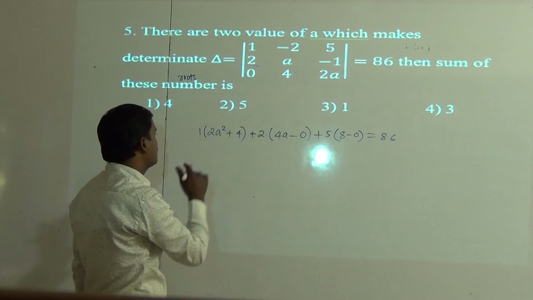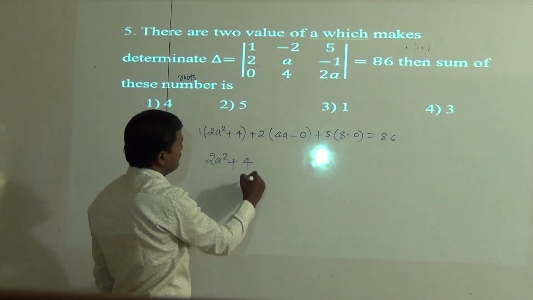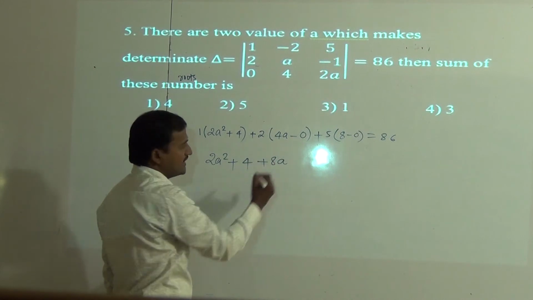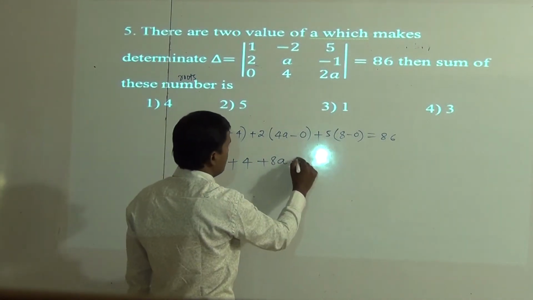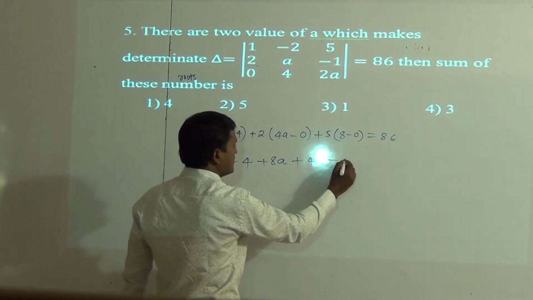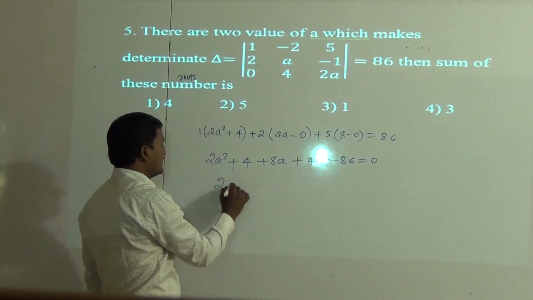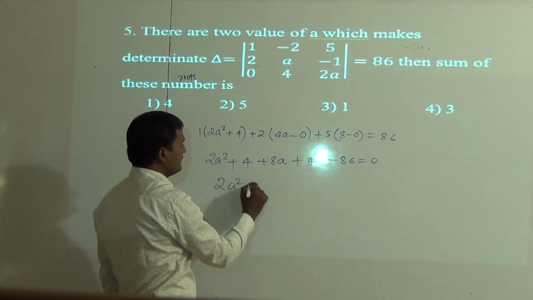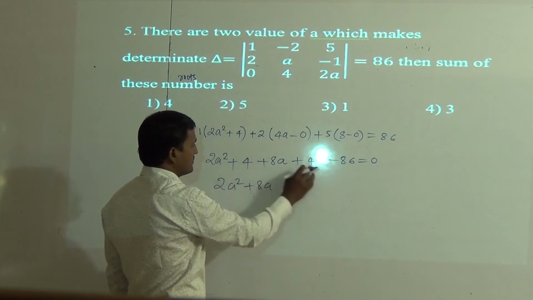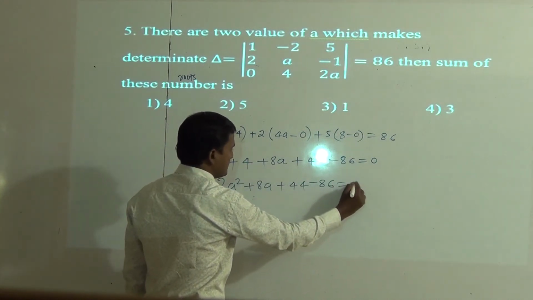Now I have to simplify this. So it becomes 2a square plus 4 plus 8a plus 40, and take this 86 to this side, hence minus 86 equal to 0. Now clearly it is 2a square plus 8a, 4 plus 40 means 44, minus 86 equal to 0.